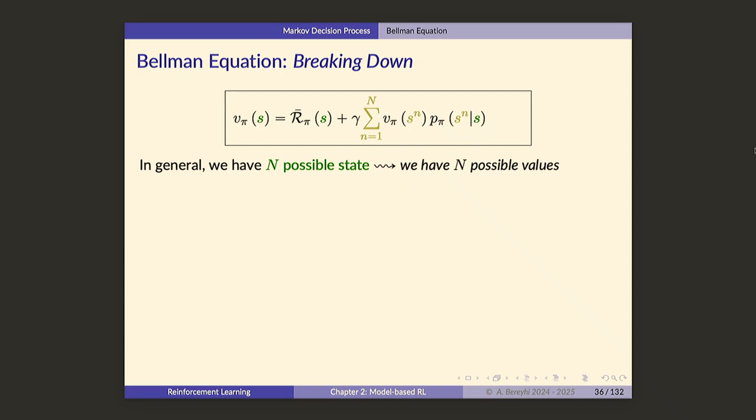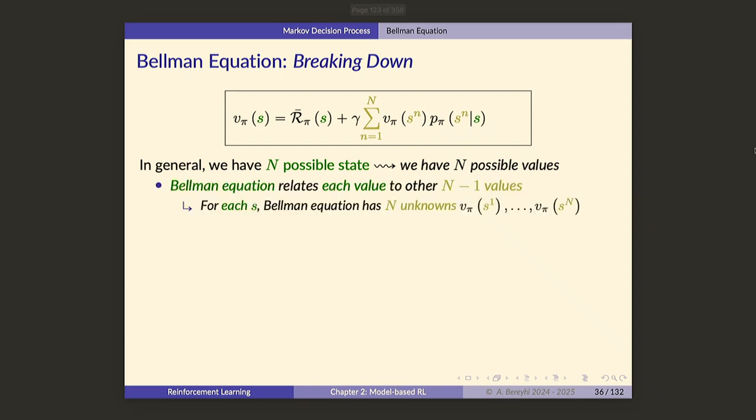So I have the value of a state S1, value of the state S2, and so on till the value of the state Sn, right? Now if I look at one state, then I can use the value of the other states to just confirm this state, right? So in general, if I have the value of my policy at states S1, S2 till Sn, then I can treat them as a bunch of unknowns, right?